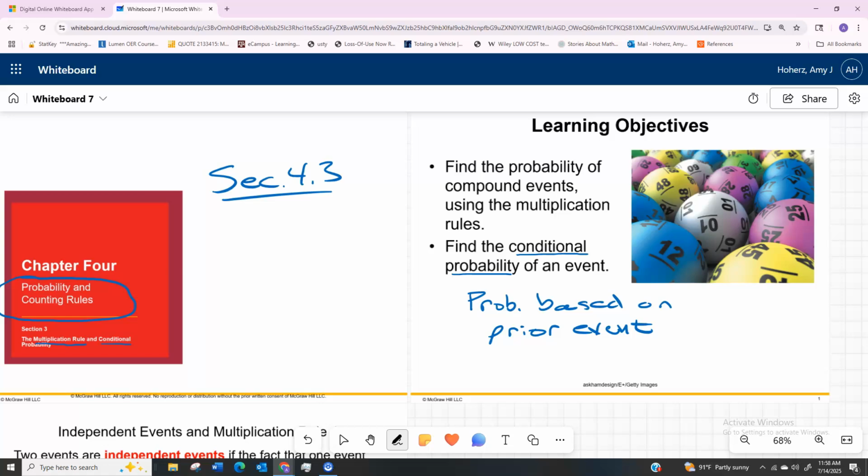Conditional means based on or because of. For instance, people's insurance might be a condition of their employment. So when we're talking about conditional probability, we're talking about an event occurring based on what happened in a prior event.